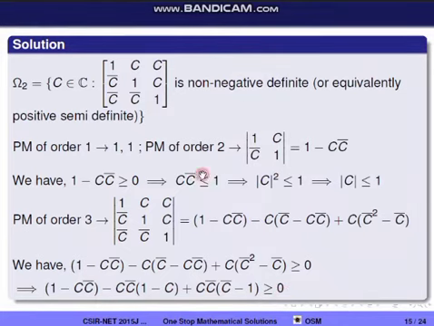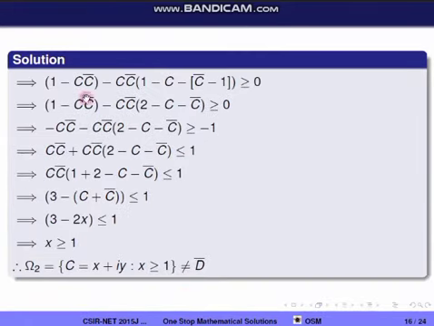Now taking minus C conjugate common from these two terms, we will get 1 minus C conjugate minus C conjugate of 1 minus C minus of C conjugate minus 1 greater than or equal to 0. So simplifying these terms in the bracket, we'll get minus C conjugate into 2 minus C conjugate greater than or equal to 0.